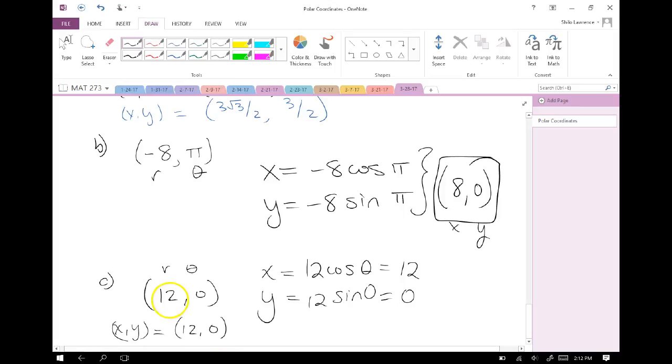In polar, it means we're going 12 units out on the 0 angle line. In xy coordinates, it means we're moving 12 units to the right, and we're not moving any units up or down. So it's just kind of a coincidence, but it can look kind of confusing. But all the points on the x-axis are like that.